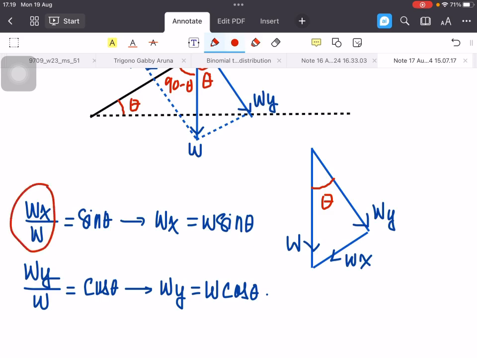So Wx over W is equal to sine theta. So Wx is W sine theta. While Wy becomes the adjacent side. So Wy over W is equal to cos theta. So Wy can be found using the formula W cos theta.